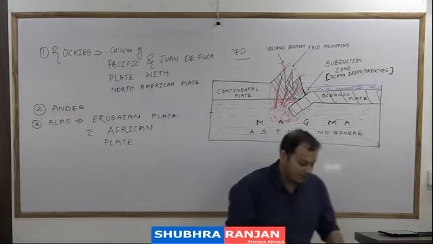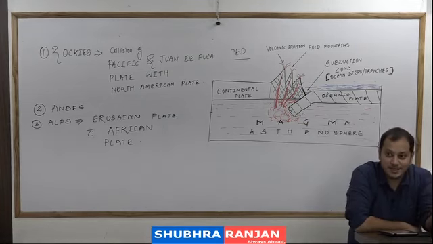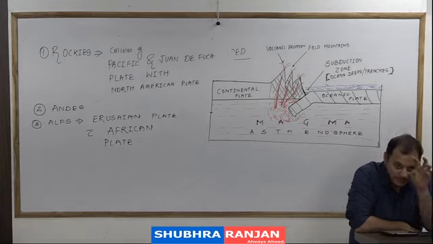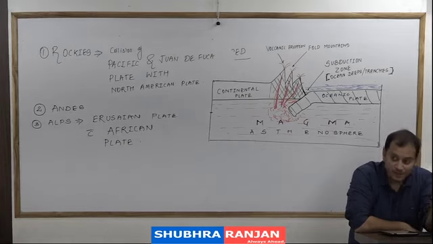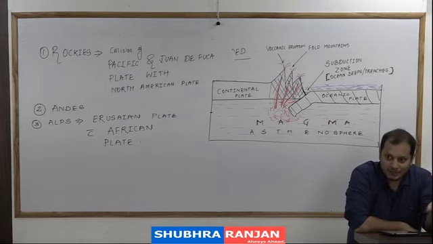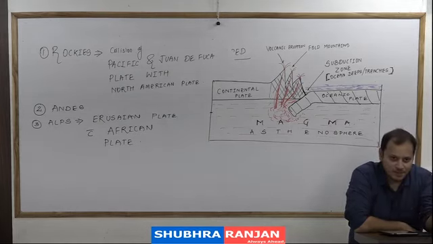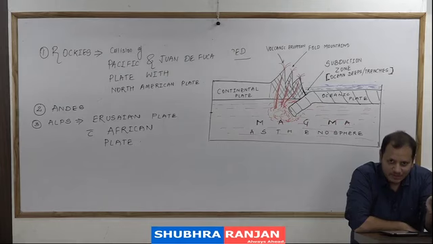But this part of the African plate has oceanic crust, which is known as the Mediterranean Sea, which was earlier the Tethys Sea, and therefore it is an ocean-continent collision. When the Mediterranean Sea is destroyed, just like the Indian plate, the African plate will also destroy the Tethys. Then it will become a continent collision. But as of now, it is an ocean-continent collision.